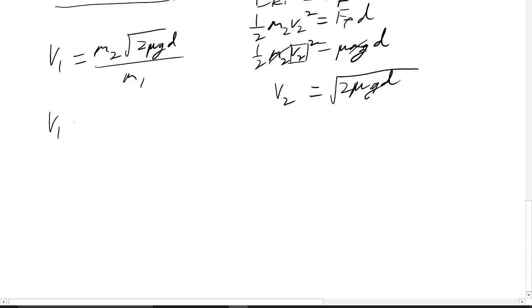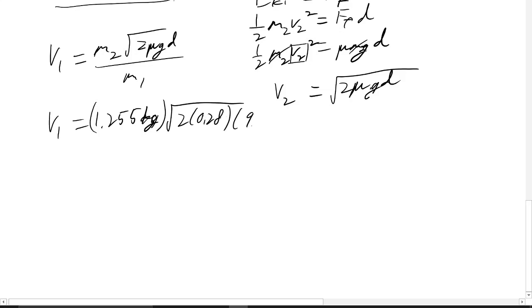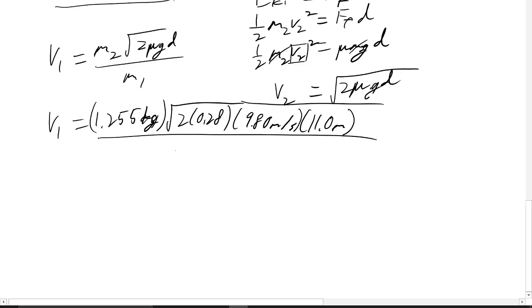So v1 equals 1.255 kg times the square root of 2 times 0.28, which is mu, times 9.80 meters per second squared, times 11.0 meters, and divide that by m1, which is 0.015 kg.